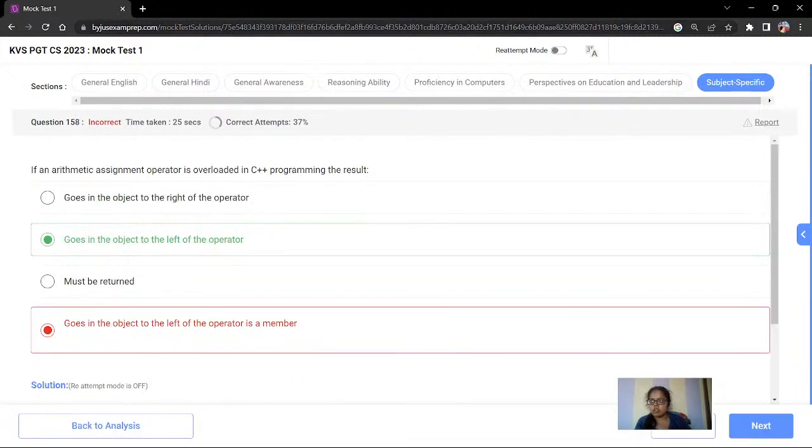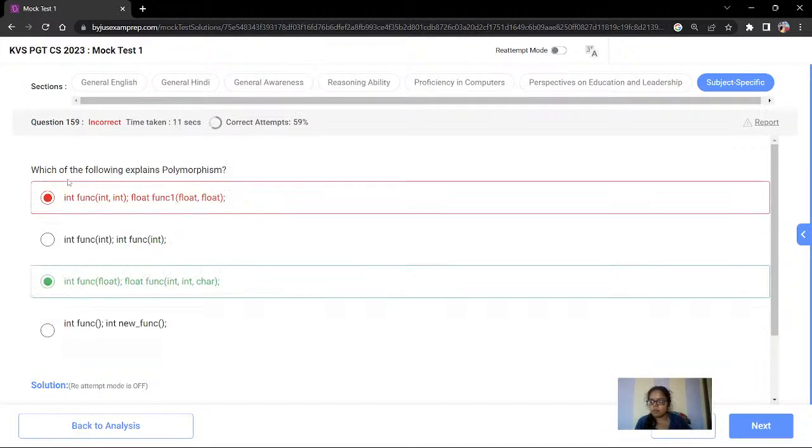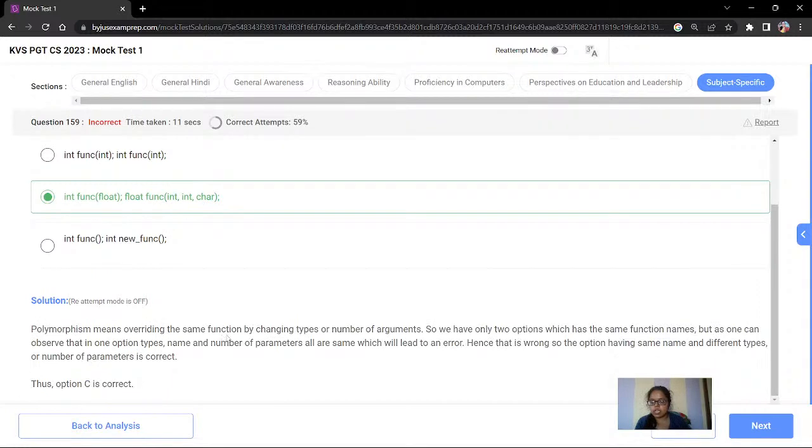Next, if an arithmetic operation goes left to right, in the C++ programming language the operator is on the left side. Next, which of the following is polymorphism here? Float, int, character. In polymorphism, the same function name is used while changing the types or the number of arguments.